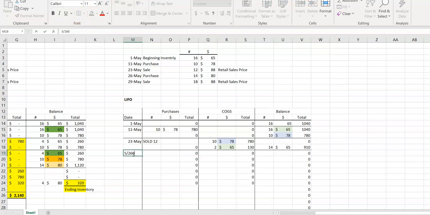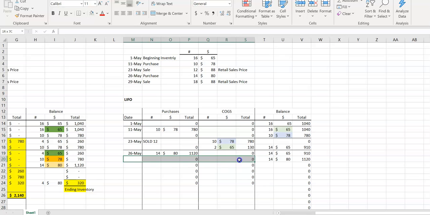May 26th, I purchased 14 at 80. So I need to bring down the 14 that I currently have in there, and then add the 14 that I bought for $80. And then May 29th, I sold 18 of them.